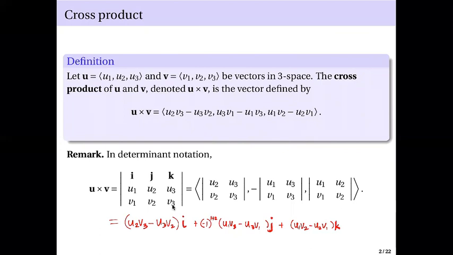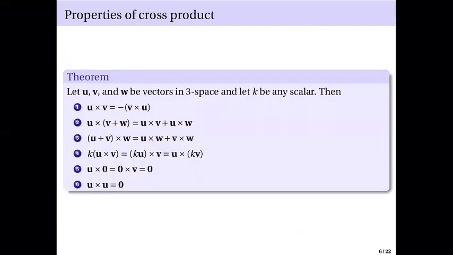So you have to be mindful of the order of the factors in the cross product. Take note: U cross V is equal to negative V cross U.